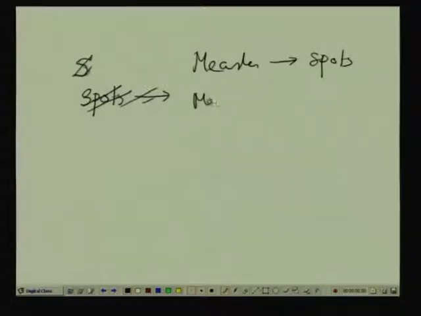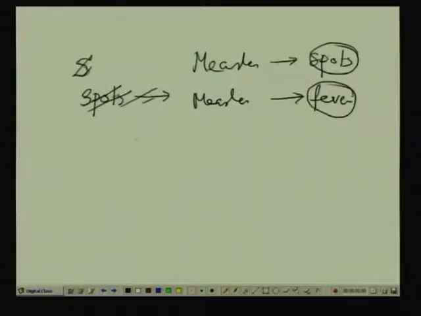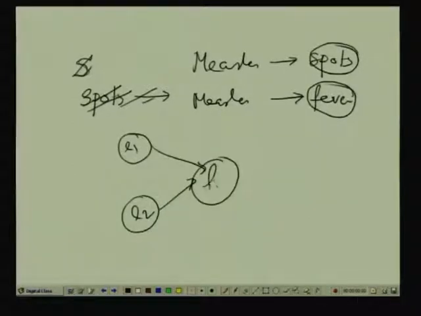If someone has measles, he will have fever. So, using Bayesian reasoning, I know spots independently, I know fever independently. So I have got two evidences, E1 and E2, and both of them are pointing to hypothesis H. That would be a joint probability which we could have done.